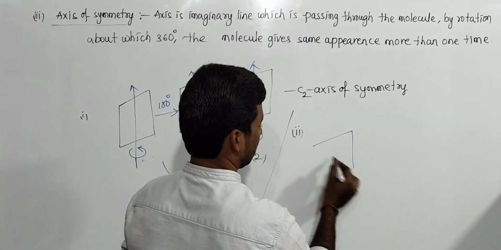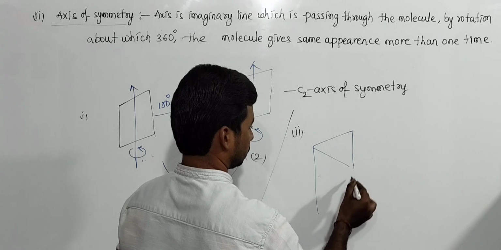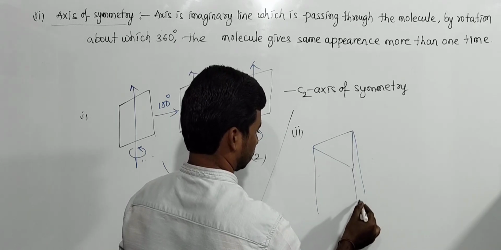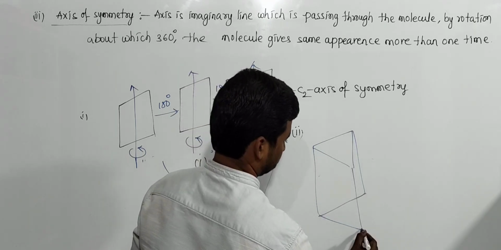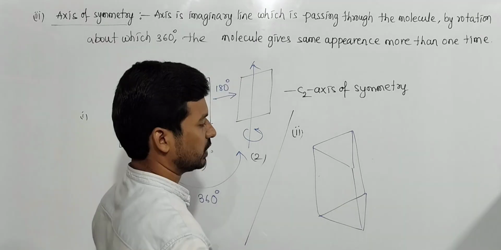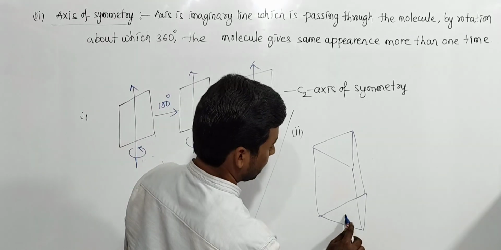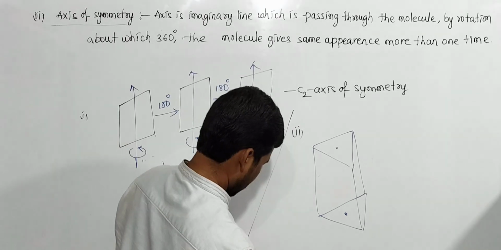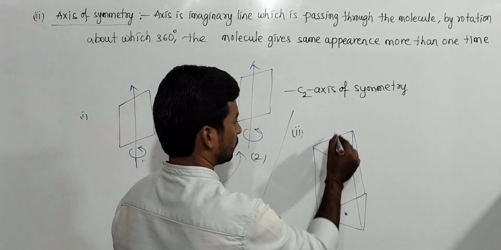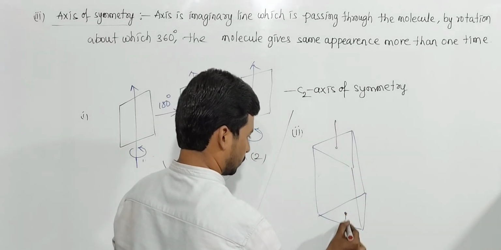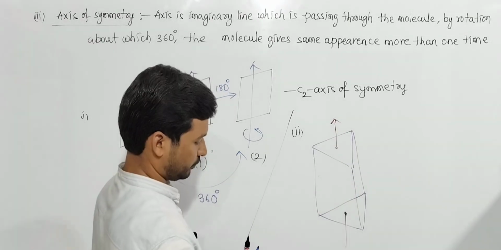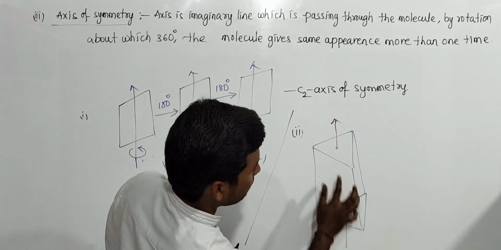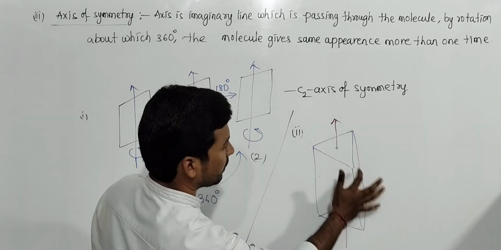Or otherwise, if you pass an imaginary line through it, by rotation about it, 3 faces are present.